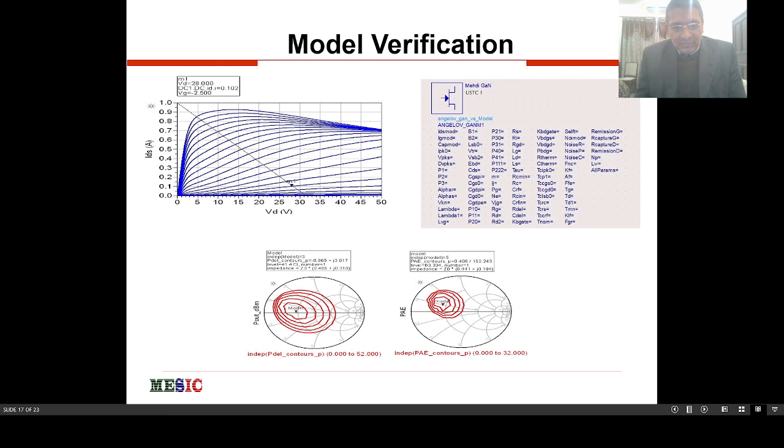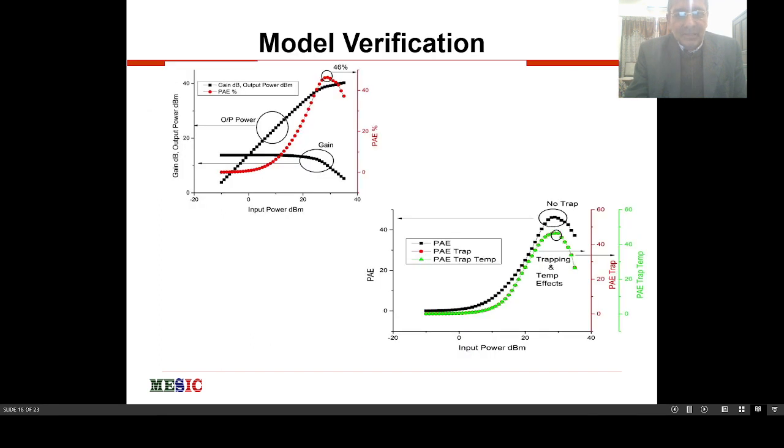And on the downside you can see the load pull of the transistor. Because it is a power amplifier, we also talk about load pull, so that we can get the power and the PAE, power added efficiency, of the transistor. From here you can see the normal one on the top, it has 46%, and this is output power, PAE, input power.